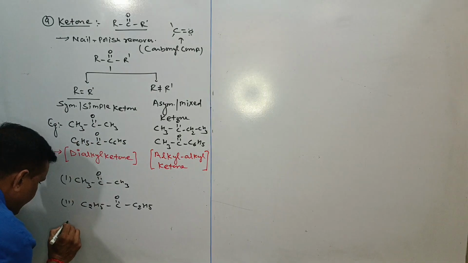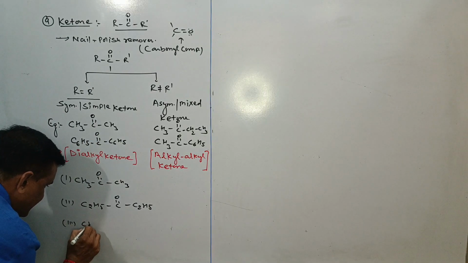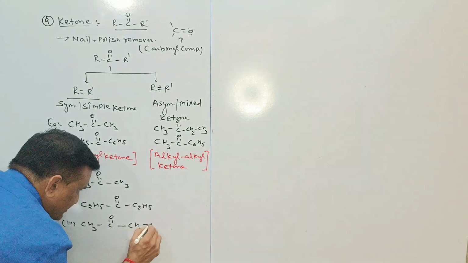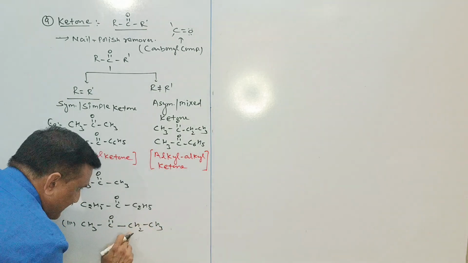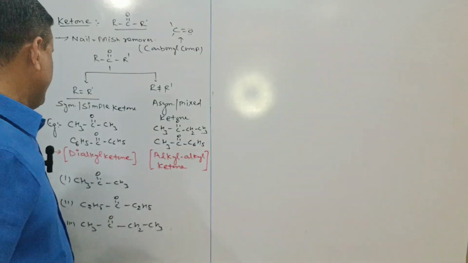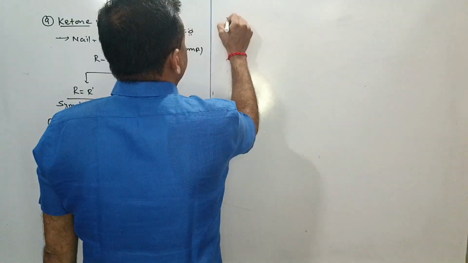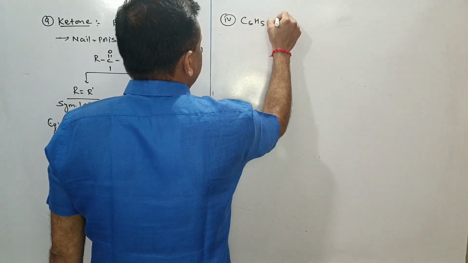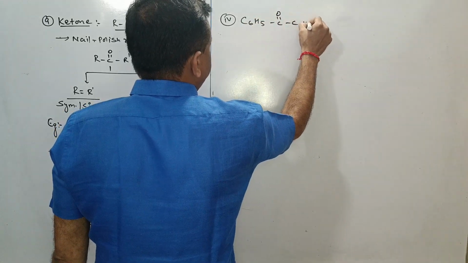The third compound is CH3 CO CH2 CH3, which means C2H5 can be written like this also. The fourth compound is C6H5 CO C6H5.